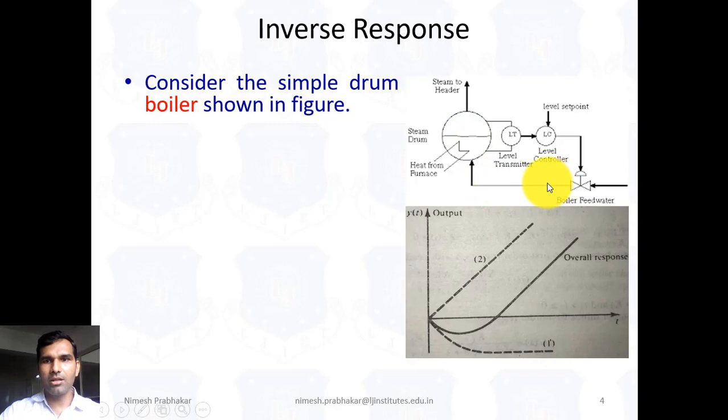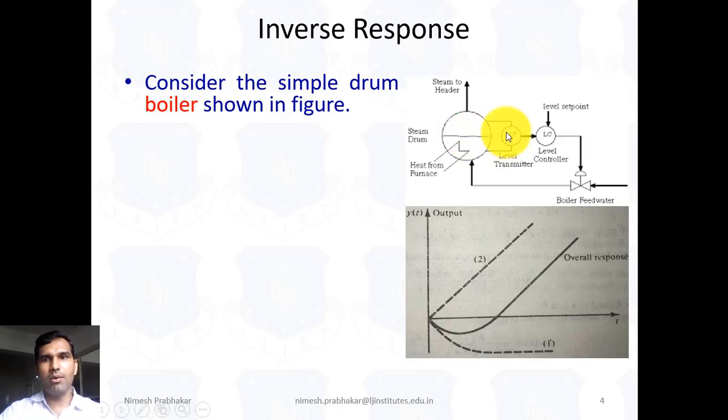When we add this cold water into the hot water, suddenly the temperature is decreased, and due to that the bubbles in the water are reduced.